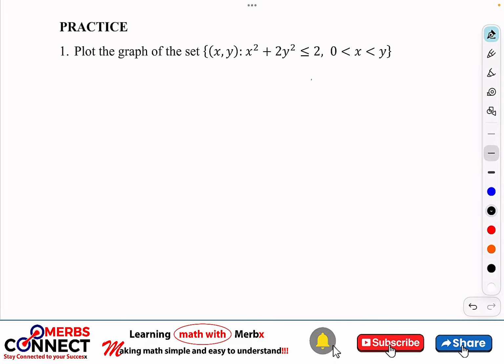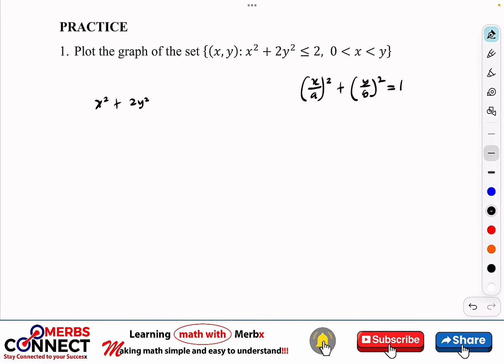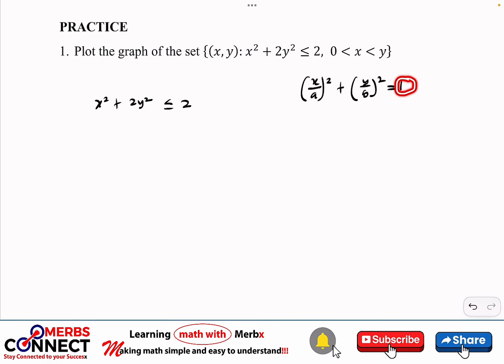Now remember, we said the ellipse should be (x over a) squared plus (y over b) squared, which is equal to 1. It can be less than or equal to 1, so greater than or equal to 1, or greater than 1, less than 1, any of them works out. So given x squared plus 2y squared less than or equal to 2, we want to make sure that this is equal to 1. That is what we are interested in.